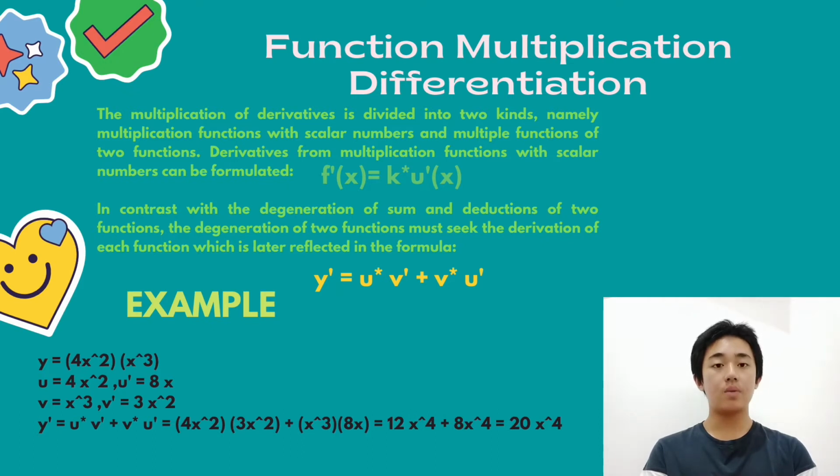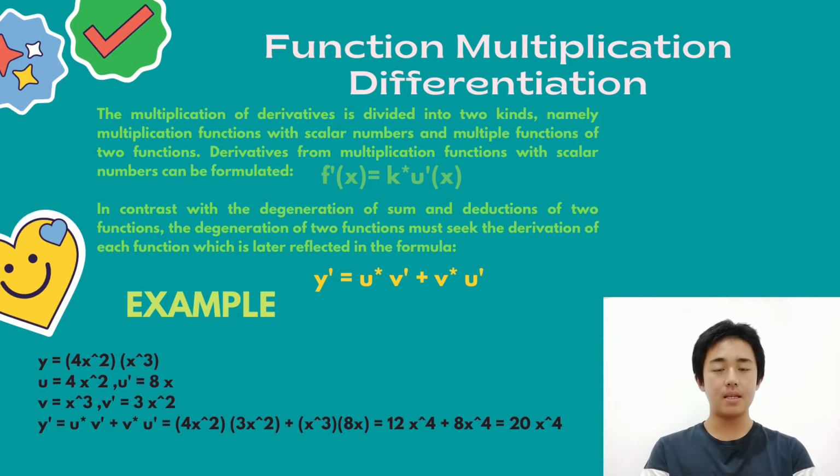So 3 times x, 3x, and the power of 3, we minus 1. It is left with 2, so 3x squared. So the formula to find this multiplication function is y prime equals u times v prime plus v times u prime.